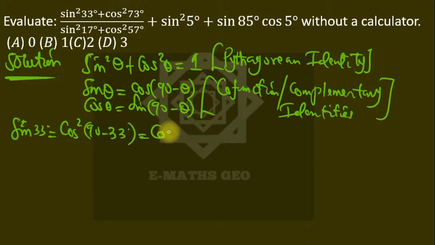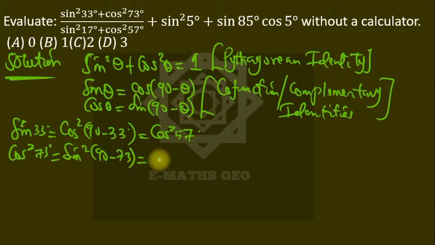Which is the same as cos squared 57. And again, if you look at cos squared 73, it is the same thing as sine squared 90 minus 73. We are using the cofunction identity. So which is sine squared 17.